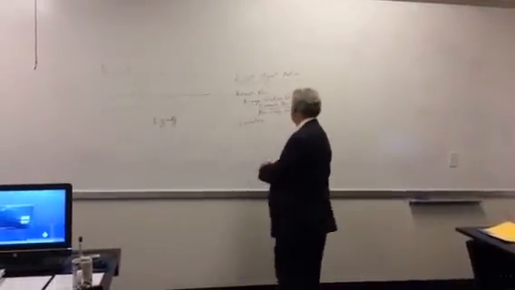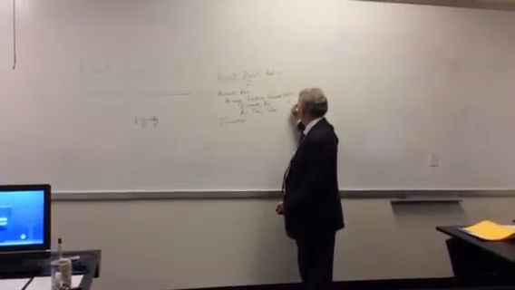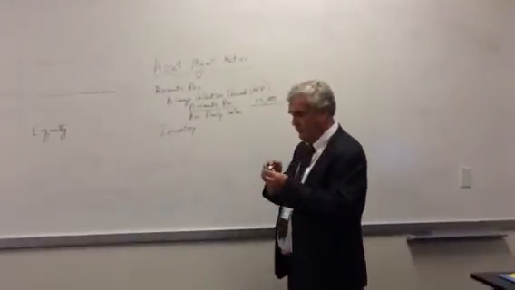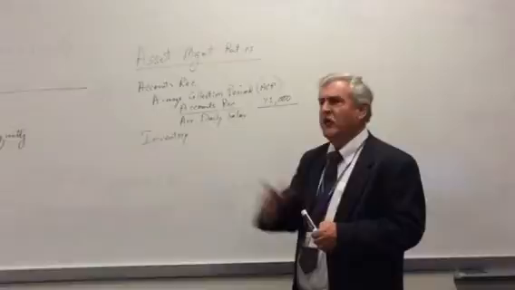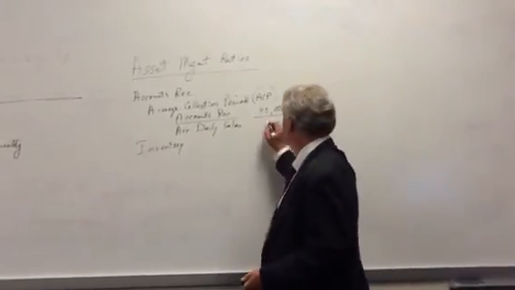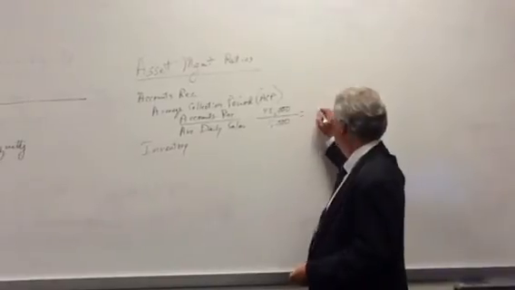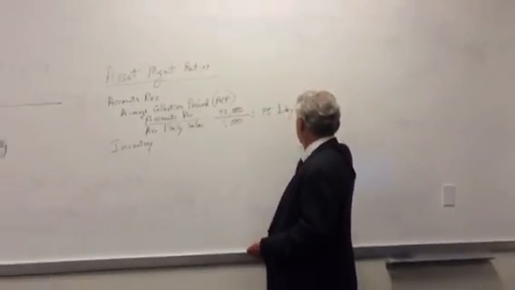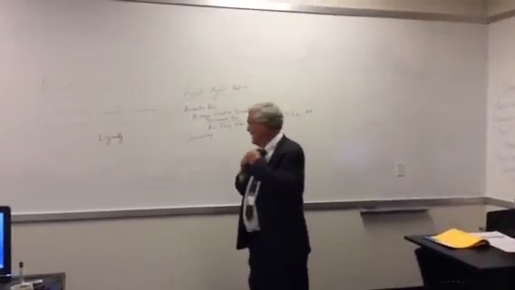What that would mean is you've got 45,000 as the numerator and 365,000 divided by, let's see, how many days in a year are there? 365. So that's 1,000, which means you have a 45-day ACP, average collection period. Okay?